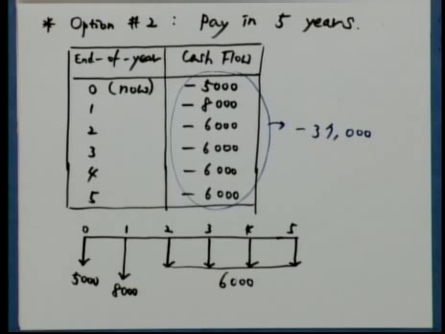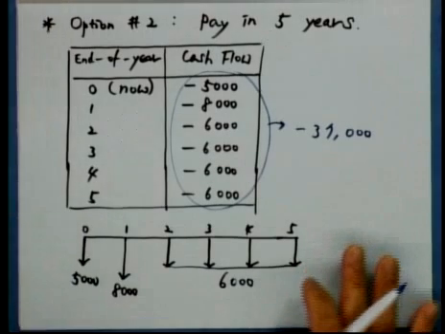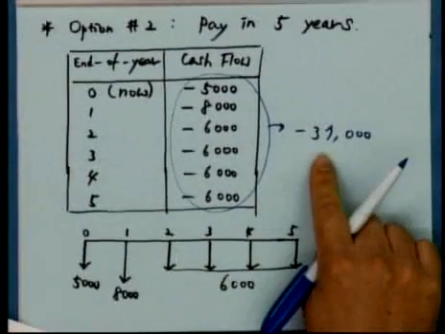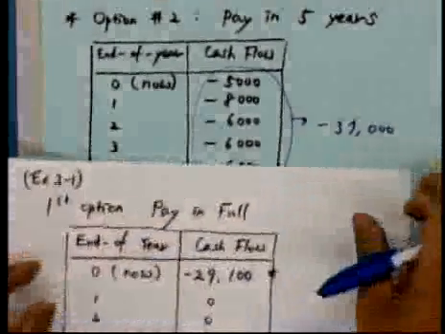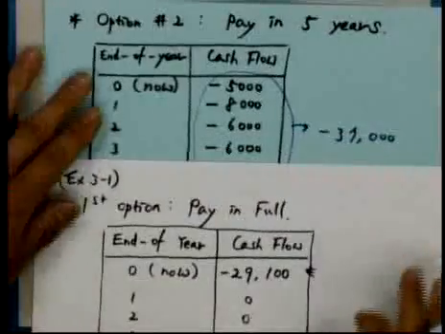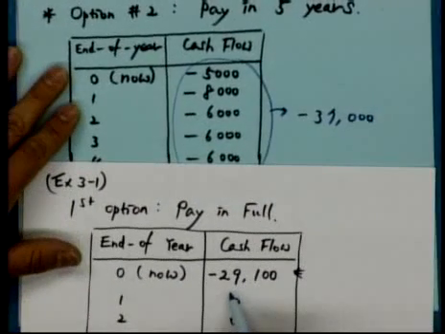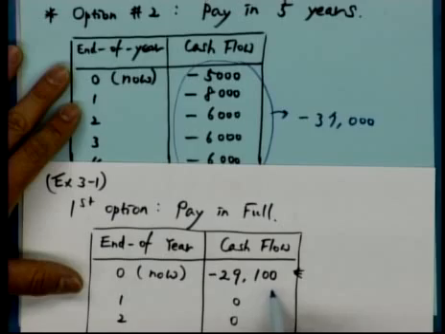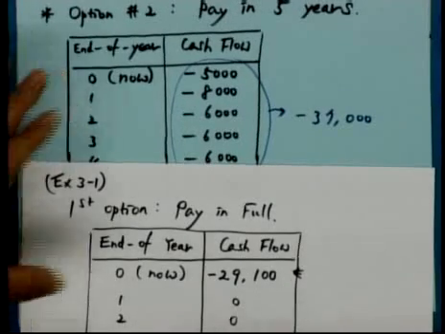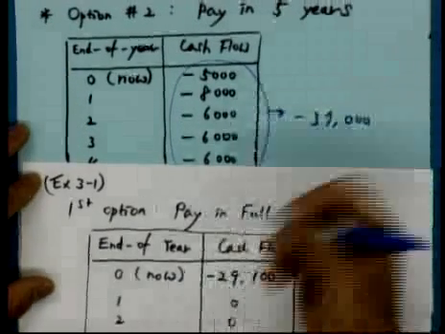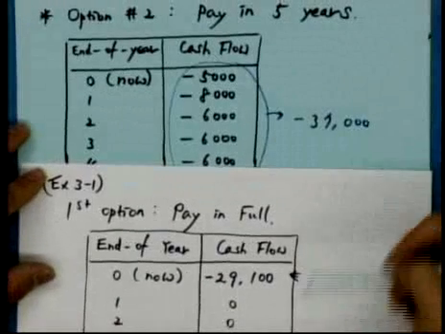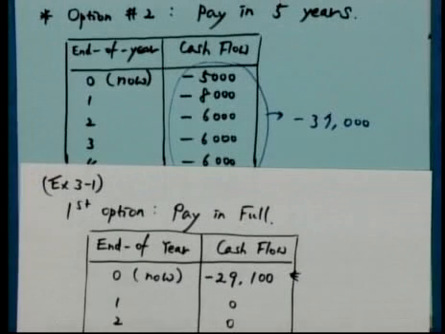So my question is, can we compare this negative 37,000 with this number from the first option, negative 29,100, to make a decision which option is better for you? Can we do that? No. Why do you answer no?